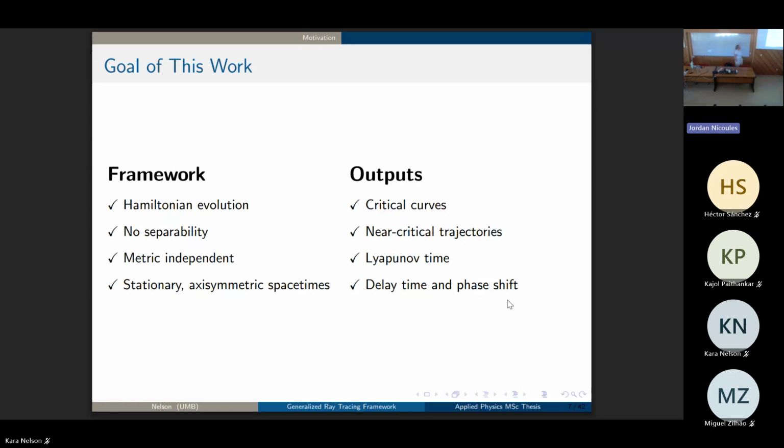So those are really nice. I'll get into those in more detail, but we calculate the Lyapunov time as well as the delay time and the phase shift. Those are also very important for describing the spacetime that we're living in, and they are closely related to the photon ring, which we should be able to get in the future.